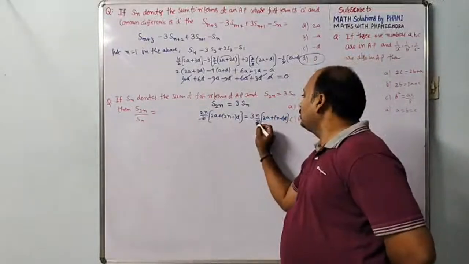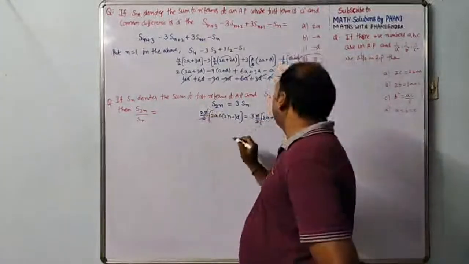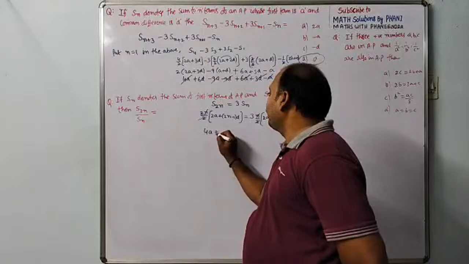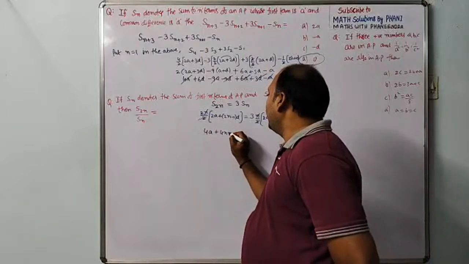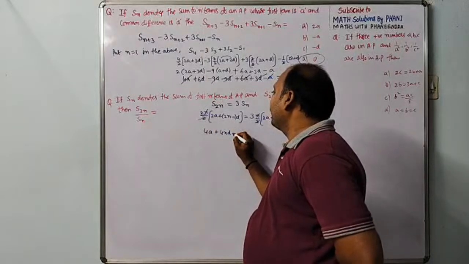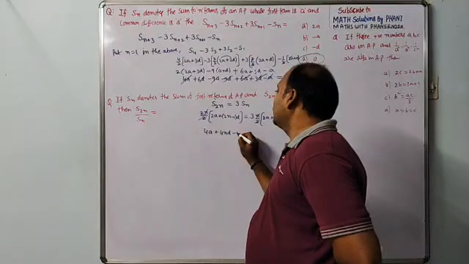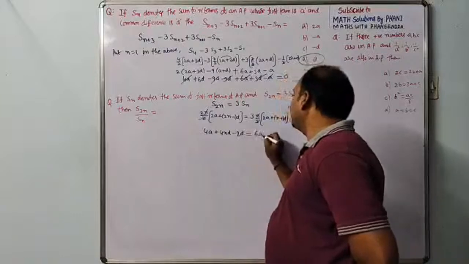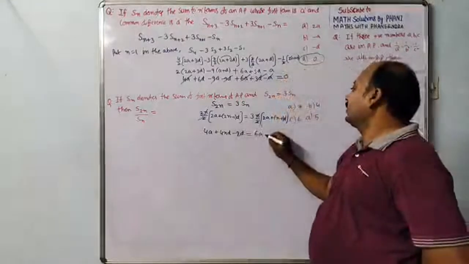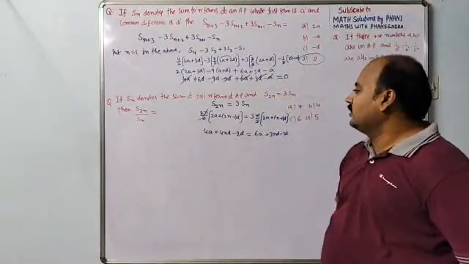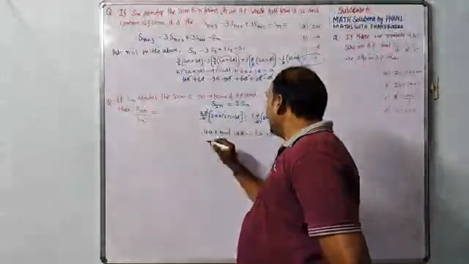Here 2 gets cancelled, and n also gets cancelled. So 4a plus 4nd minus 2d equal to 6a plus 3nd minus 3d.